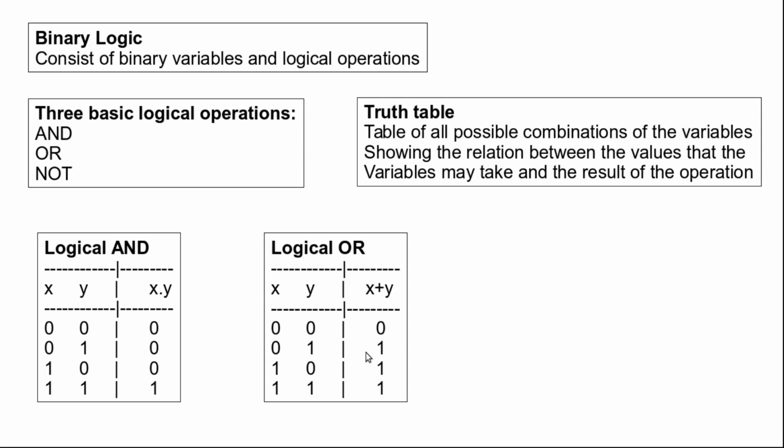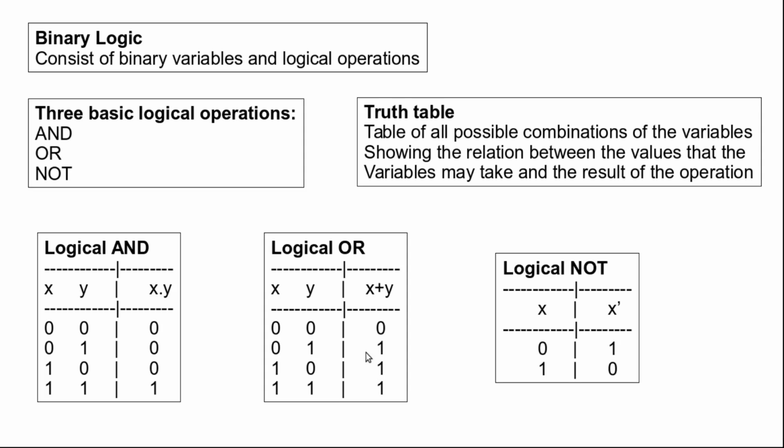And finally the logical NOT operation. It's a unary operation, and here we have the variable x. So now we have only two possible rows. x can be either 0 or 1, and here is the output. The logical NOT operator is represented by the prime symbol.